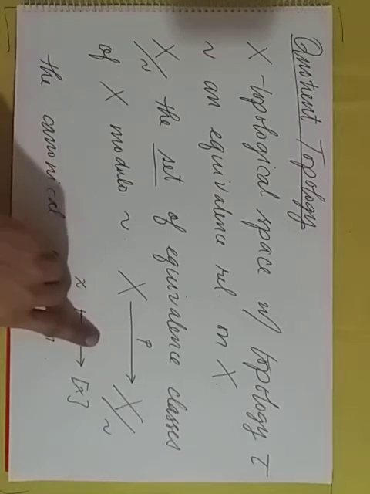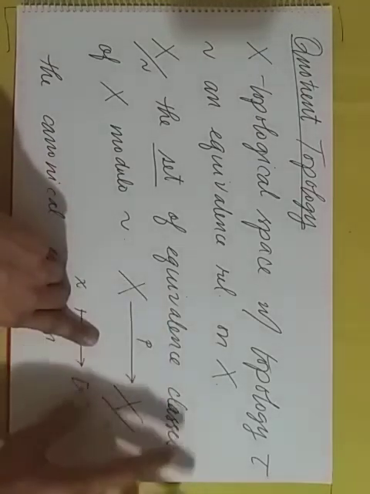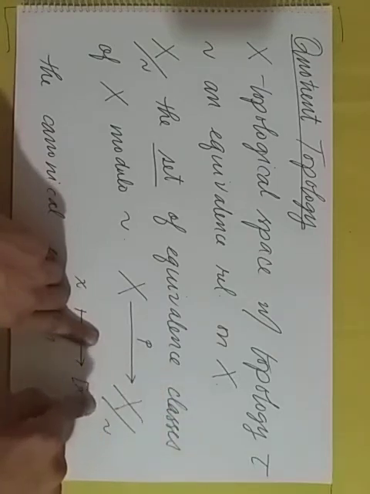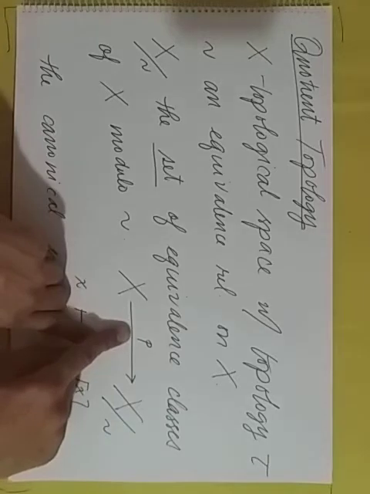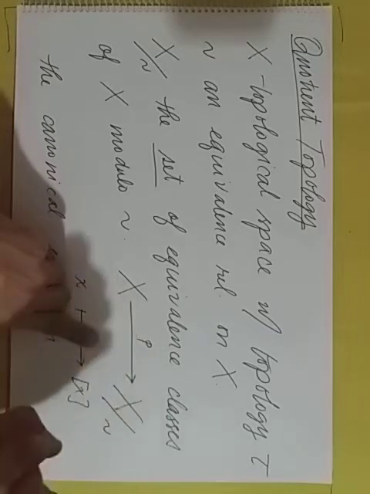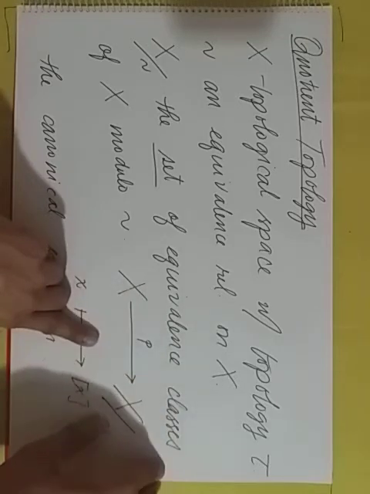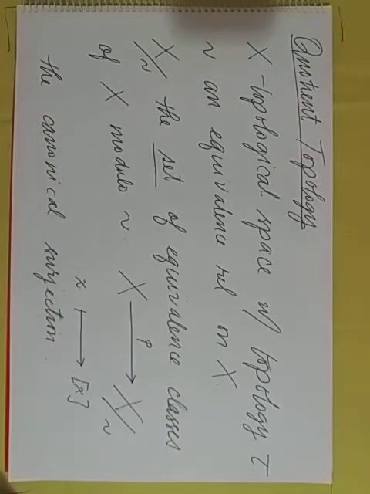But although there are many choices for the topology on X mod tilde which will make P continuous, there is a largest one. And that largest one, by default, will be unique. So what do I mean by largest one?